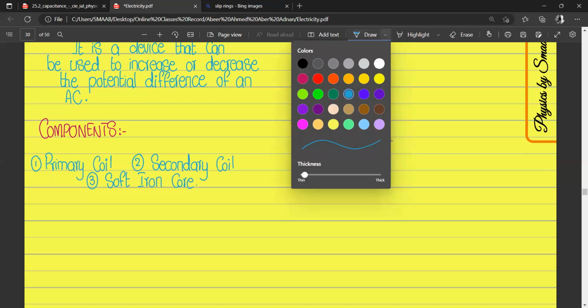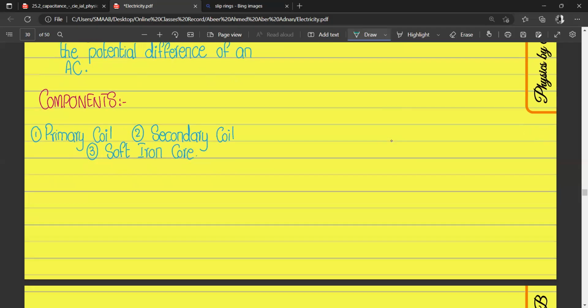And let's see how these components are to be connected in the circuit. This is the structure of the soft iron core, right?